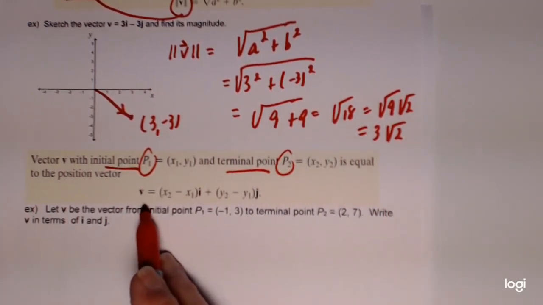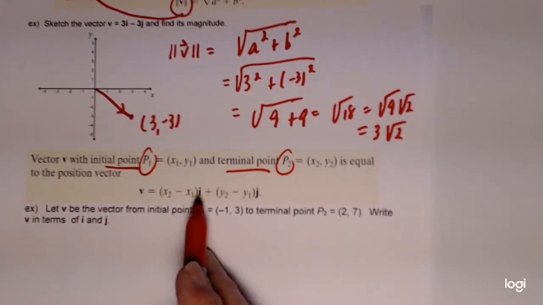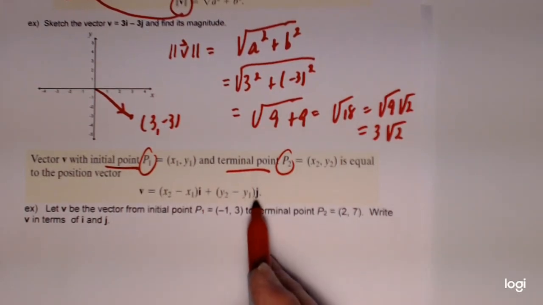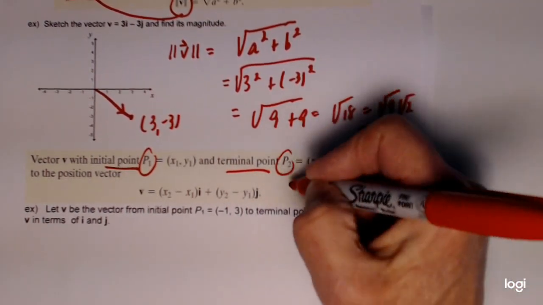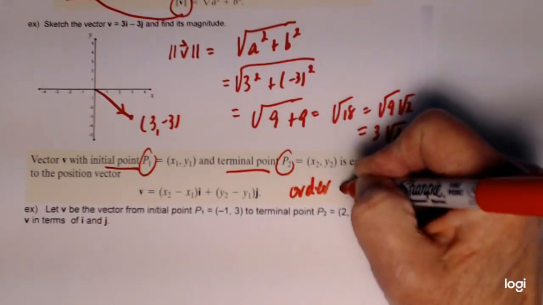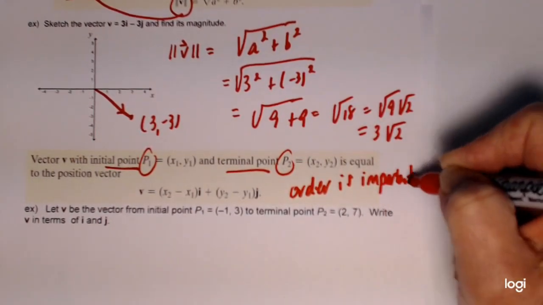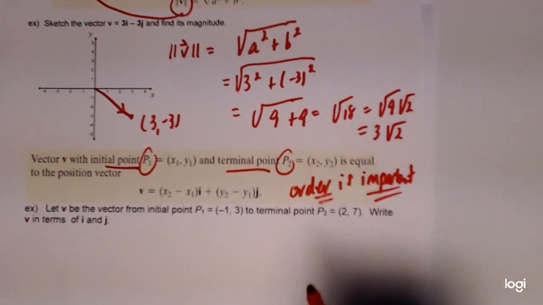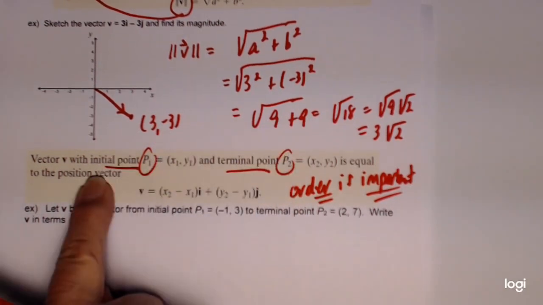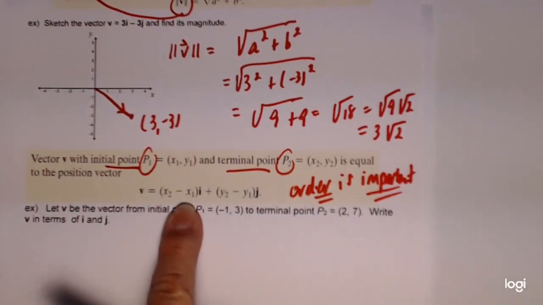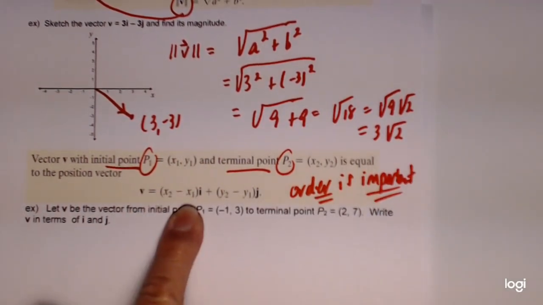Vector V is going to be the difference between x2 and x1, and that goes in front of I, and in front of J, we're going to have y2 minus y1. This order is very important. It has to be terminal point minus initial point. So it's x2 minus x1. There's no choice here. It has to be terminal minus initial point.